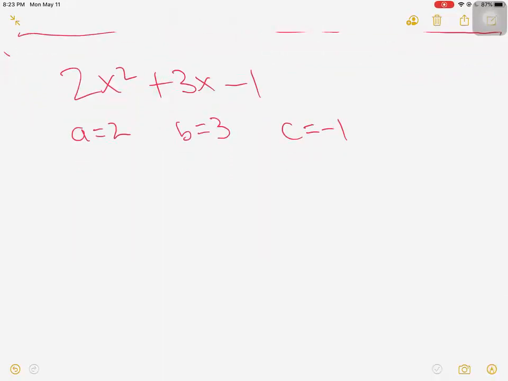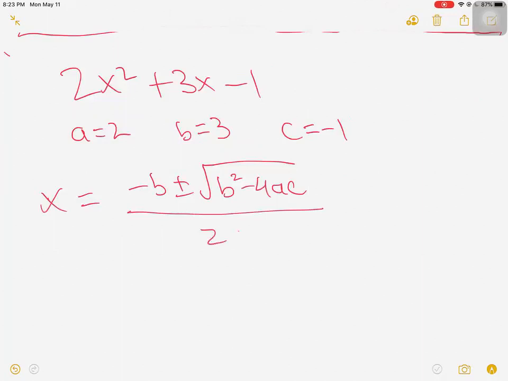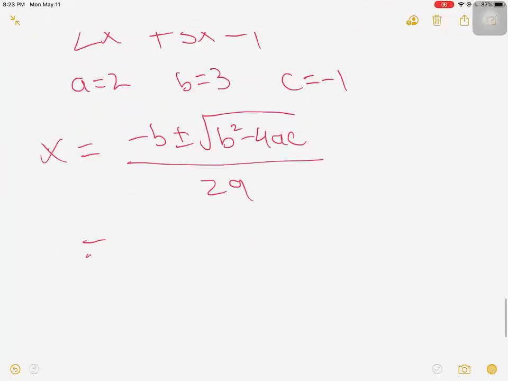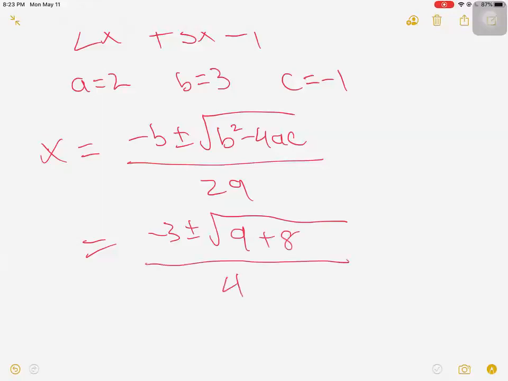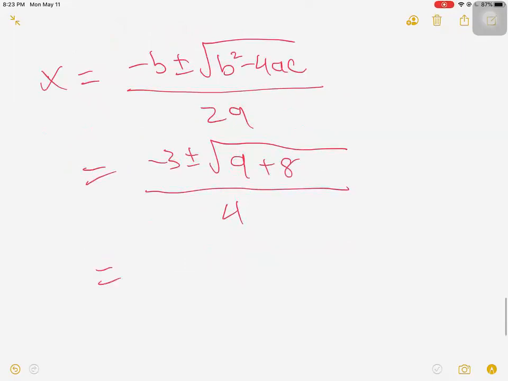If we use the formula, we have the roots equal to negative b plus or minus the square root of b squared minus 4ac over 2a. So we can just plug in all these numbers, and we get negative 3 plus or minus the square root of 9 plus 8 over 4. So it's equal to negative 3 plus or minus the square root of 17 over 4.